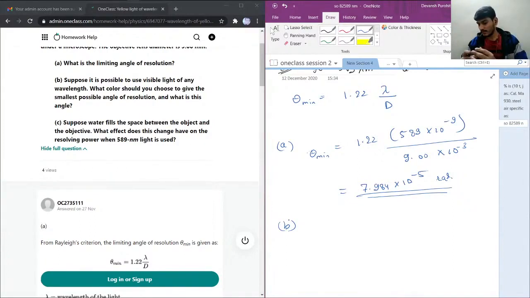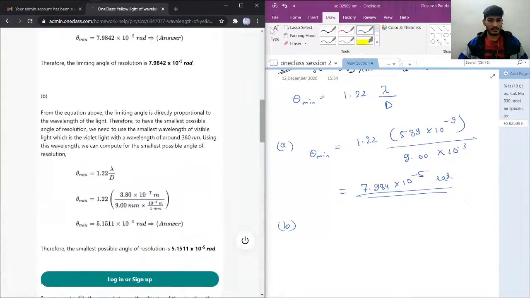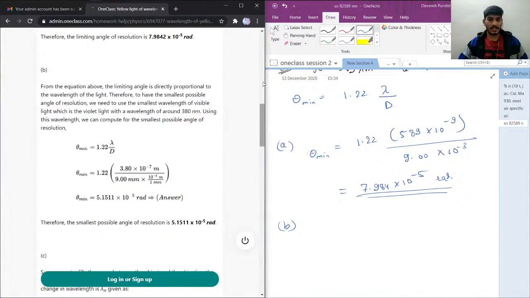In the visible range, I think the minimum wavelength of light is 380 nanometer. From the equation above, the limiting angle is directly proportional to the wavelength of the light. Therefore, to have the smallest possible angle of resolution, we need to use the smallest wavelength of visible light, which is the violet light with a wavelength of around 380 nanometers.